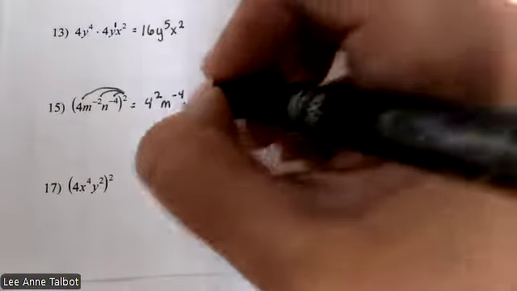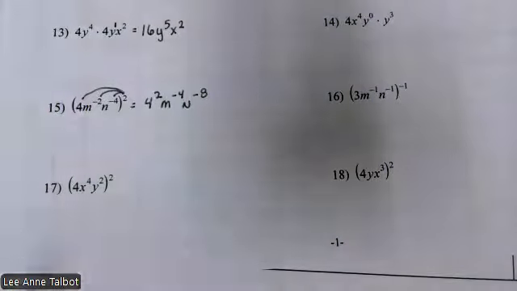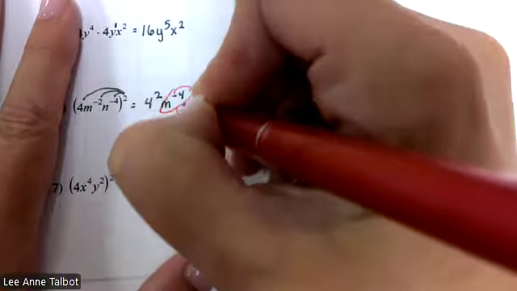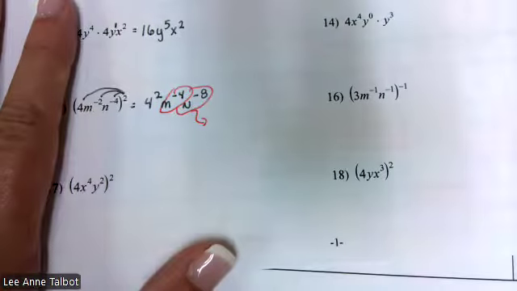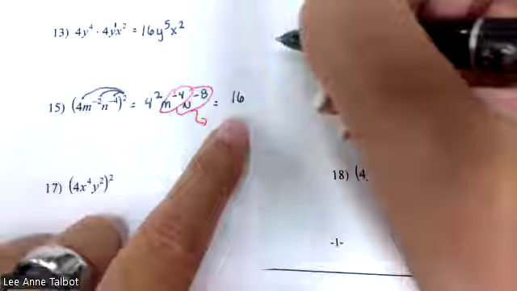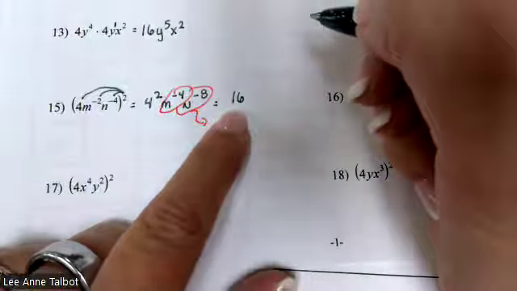Okay, now who's going downstairs? Is it okay with you guys if I put 16 on the top? Do you understand where the 16 came from?